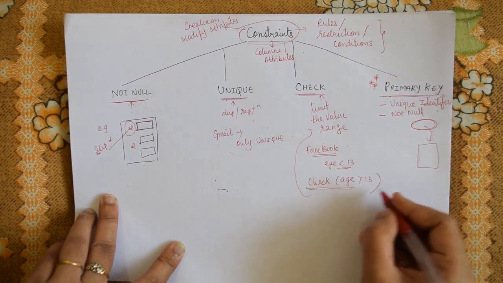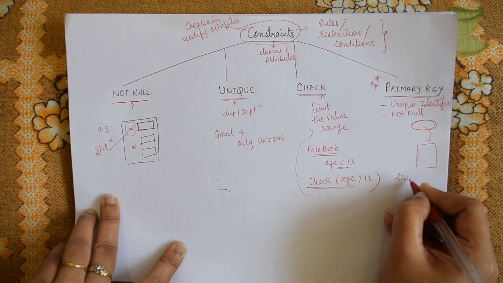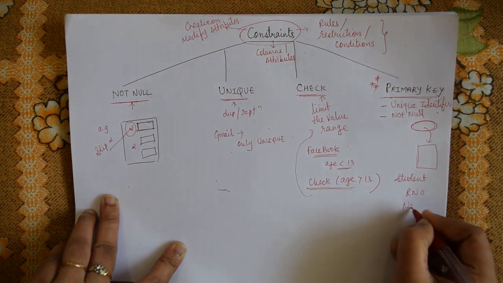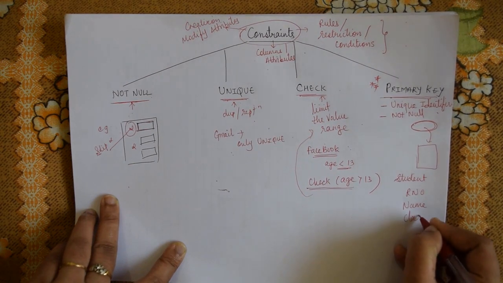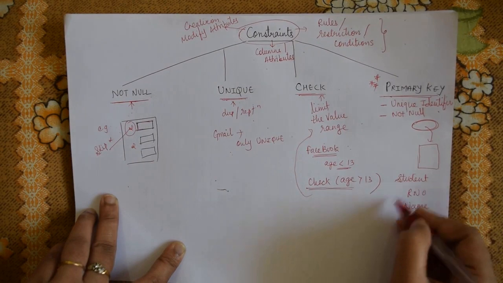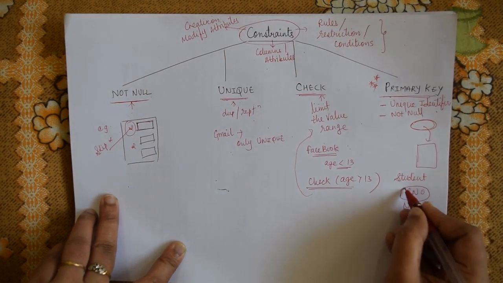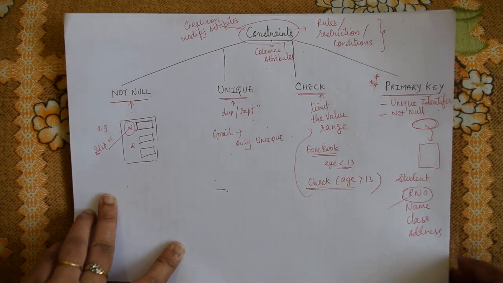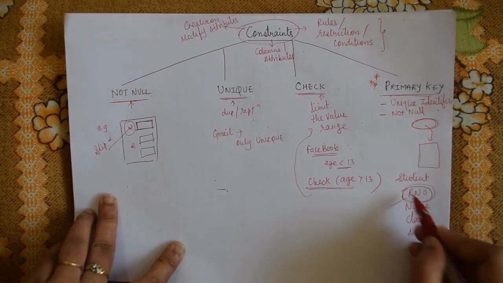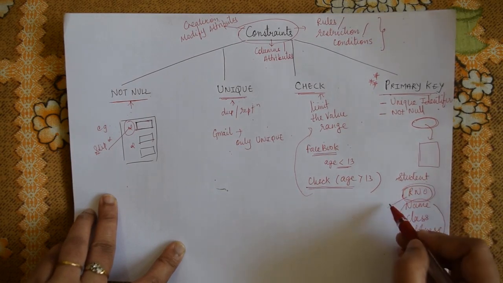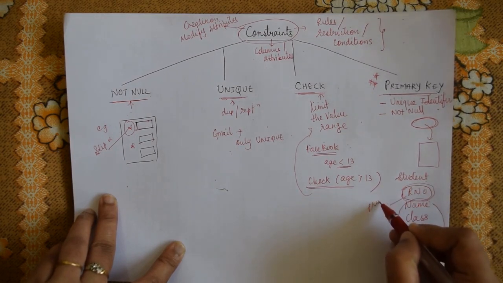For example, I am having student information like roll number, name, class, address. From this information, roll number is unique, as no two students can have the same roll number, right? And with the help of roll number, I can get all other information of the student. So I can say that roll number is my primary key, correct?